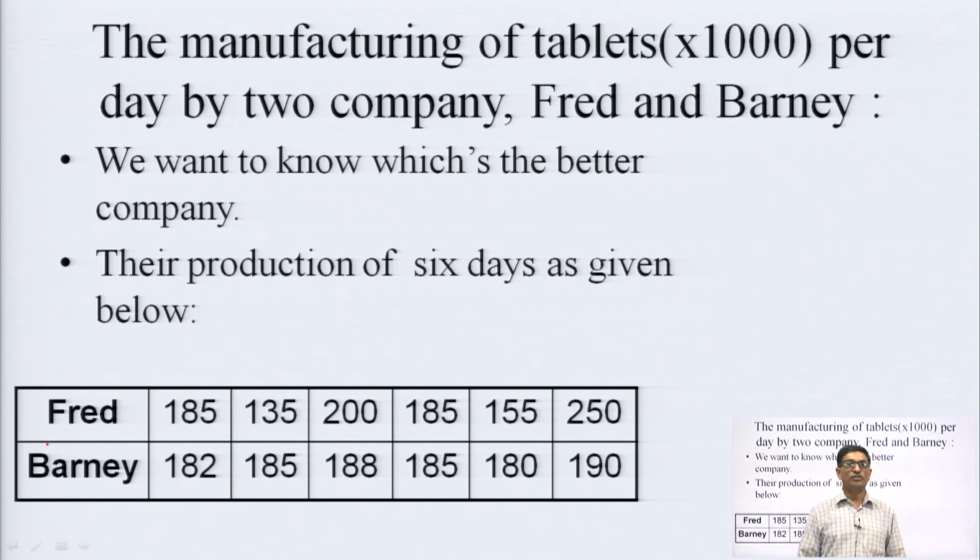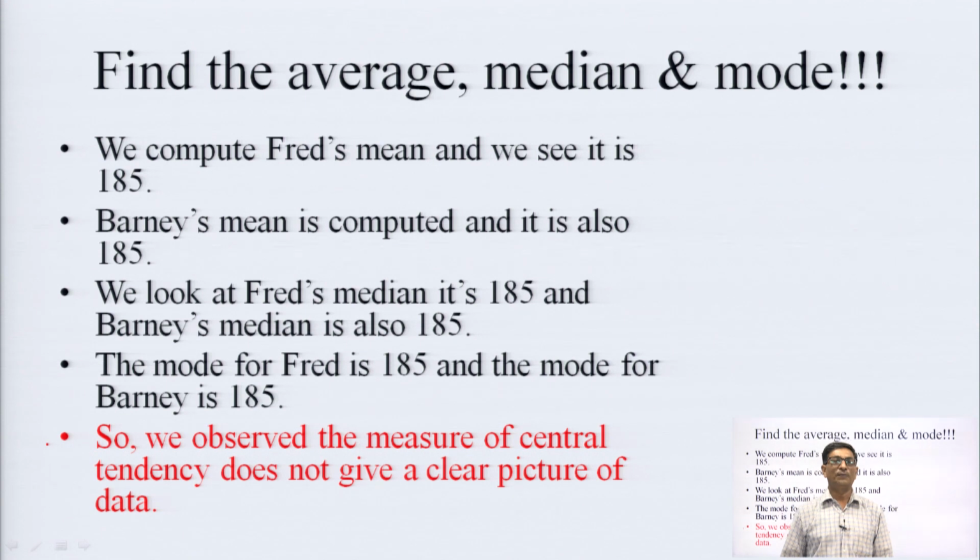If we calculate the mean of this data, the mean is 185 for Fred's company, and the mean computed for Barney's company is also 185. Next we look at the median: Fred's is 185 and Barney's is also 185.